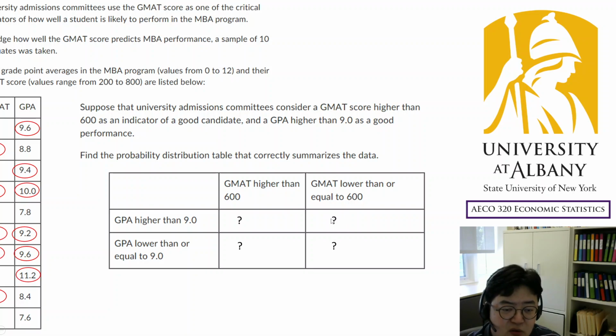There are also 3 observations here, so 3 out of 10, 30%. And here, 1, 2. So 2 observations. And for the last one, non-circled, 1, 2, 20%. So 30, 30, 20, 20%. That is how you summarize these observations. Okay, next question.